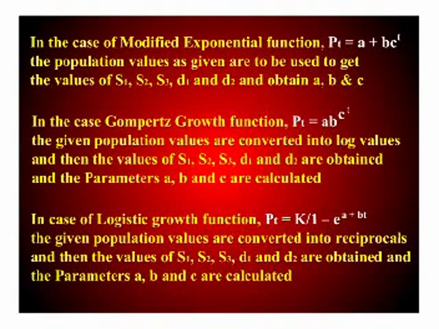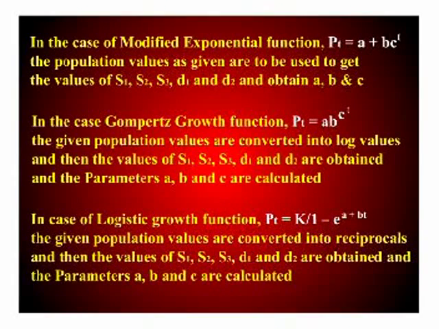For the Gompertz law, first convert the given values into log values and then compute the parameters a, b and c and get them back as the original values by taking anti-logarithms.